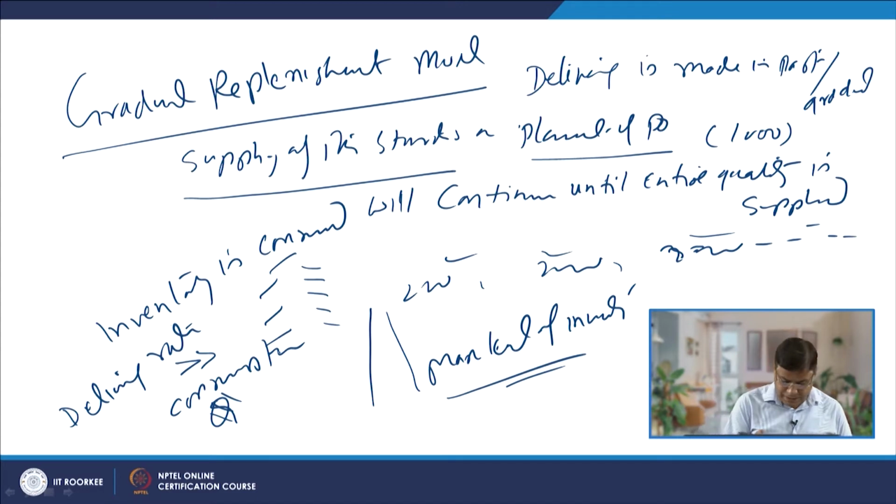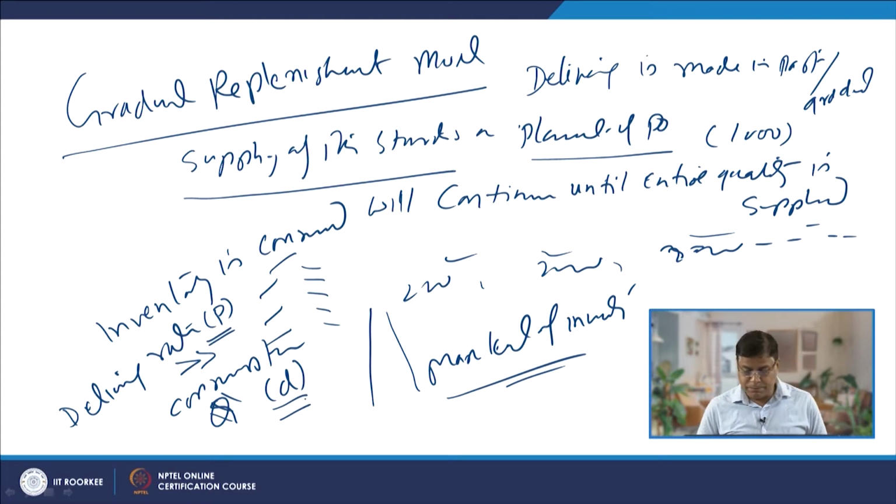Let us say the rate at which the inventory is filled in against the order is capital P, the production rate or the rate at which it is being replenished, and the rate at which it is consumed is small d.